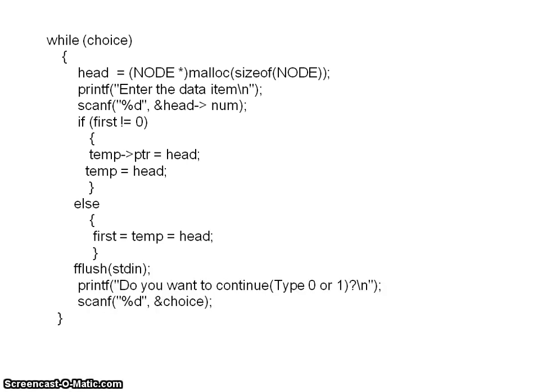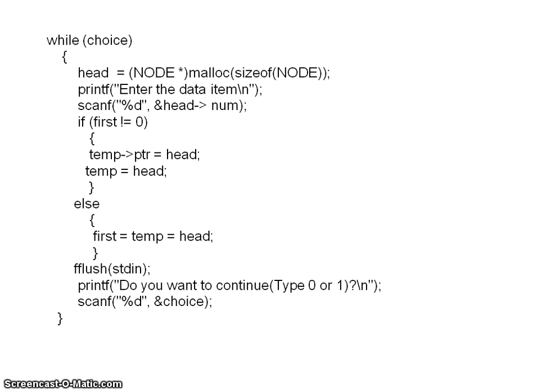from the user whether he is interested to create more nodes or not. If he is interested, he will give the input 1, and if he is not interested, he will provide input 0. So for example, again he gives input 1, it will go to the while loop and a new node will be created with the instruction head = node * malloc(sizeof(node)).